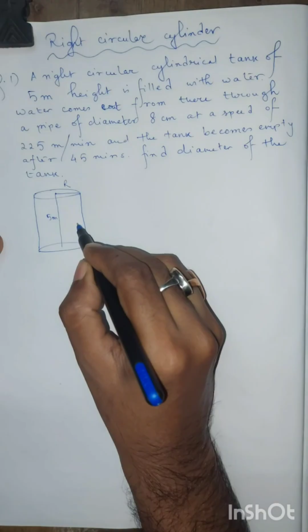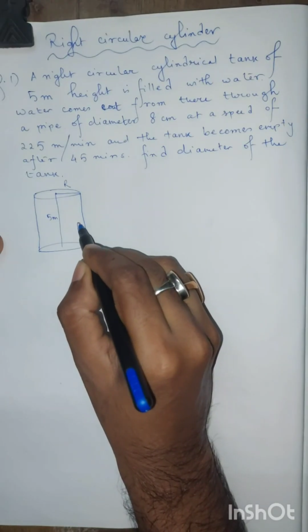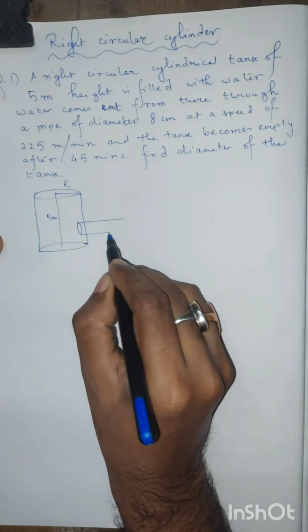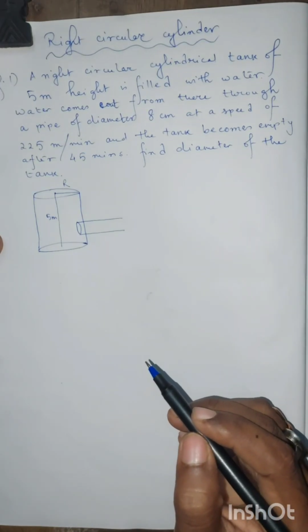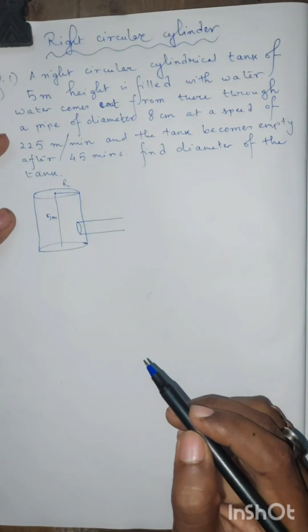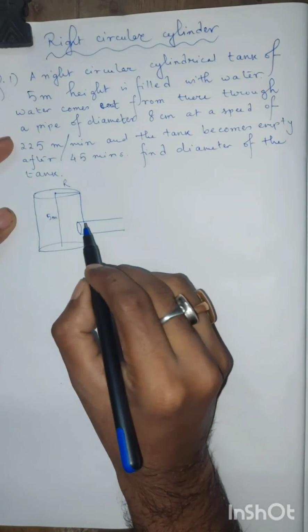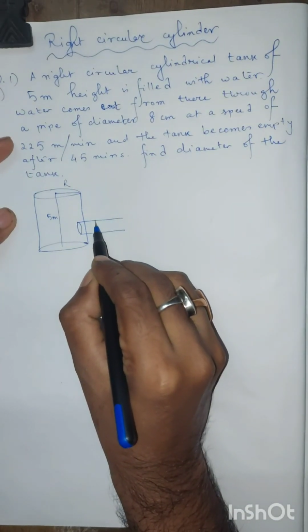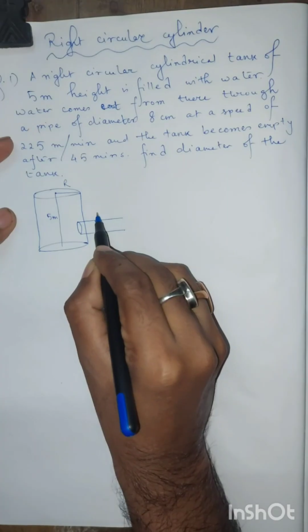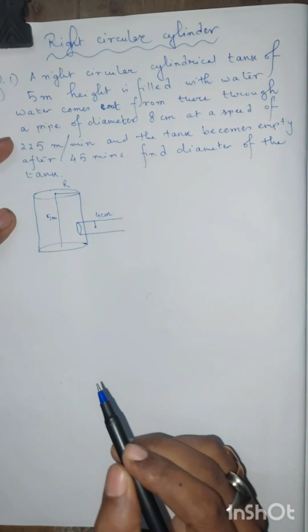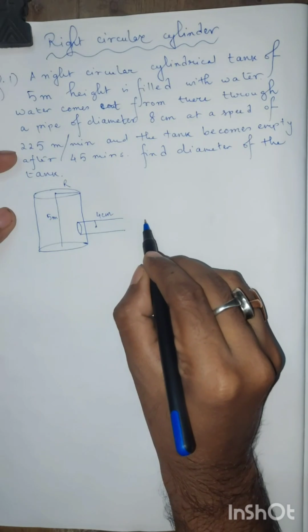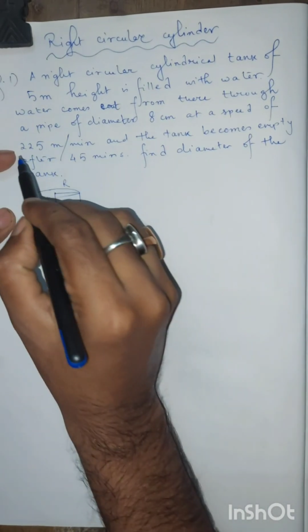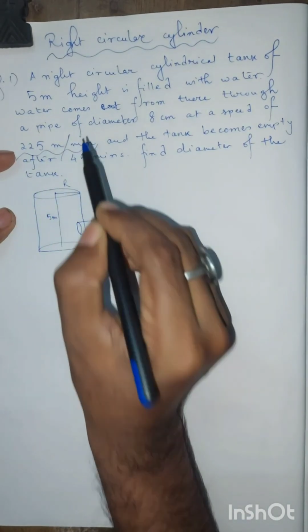So there is a pipe in it. Water comes out through this pipe whose diameter is 8 centimeter. That means the radius of it is 4 centimeter, and the speed of water is 225 meter per minute.